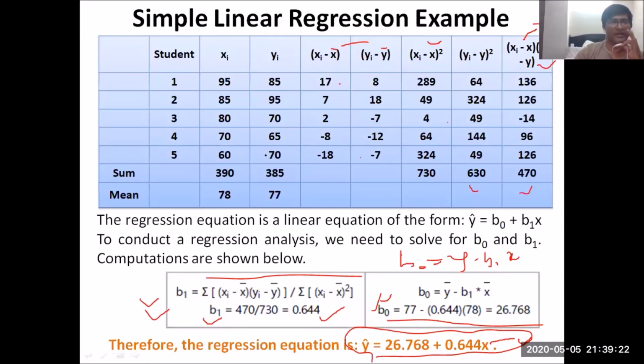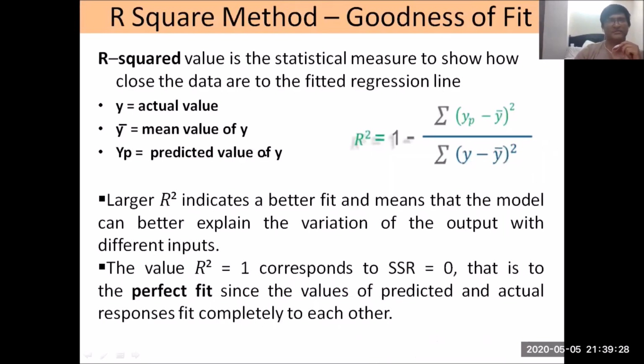Now, how well has my linear regression model done? We need to understand that part also, right? For that we have something called goodness of fit, which we call the R-square method. R-square is basically a statistical measure to show how close my data is to the fitted regression line.